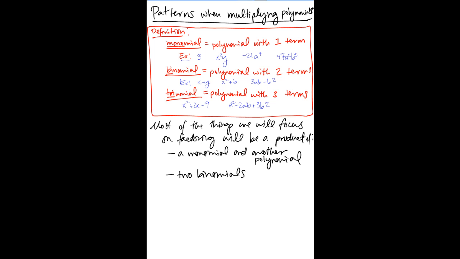We will occasionally factor things that are the products of a binomial with a trinomial or other types of patterns, but overwhelmingly, pretty much everything we're going to need to factor for now is going to be one of these two things.